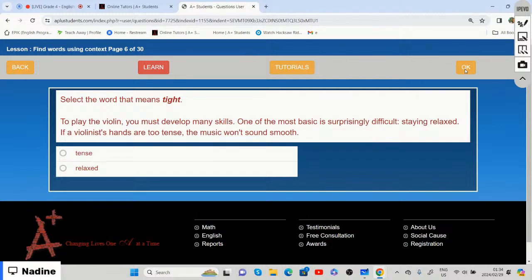So tight. We made an example of a violinist, and when they are playing, remember you need to be relaxed. Your hand cannot be tight, it cannot be tense. So the meaning of the word tight is tense.